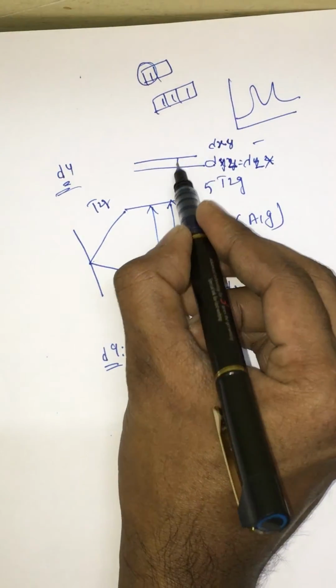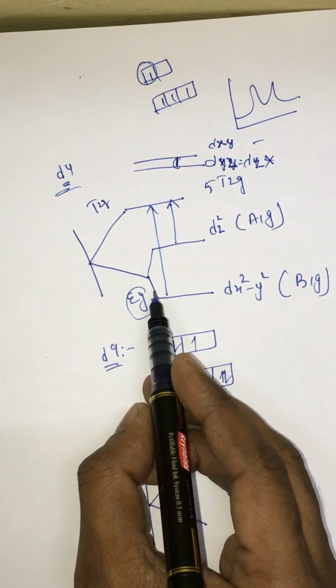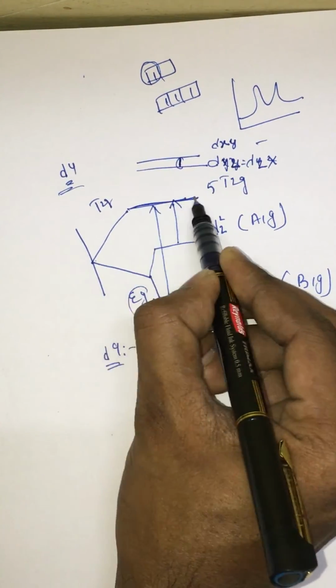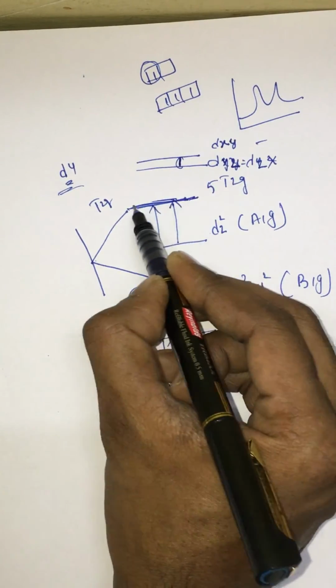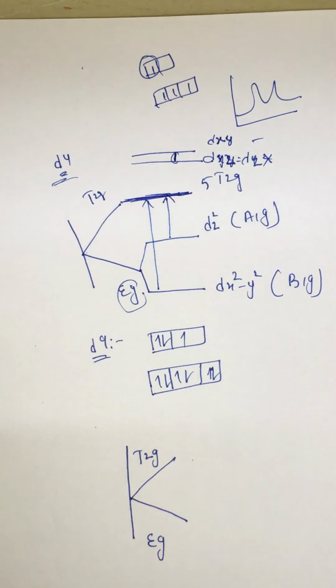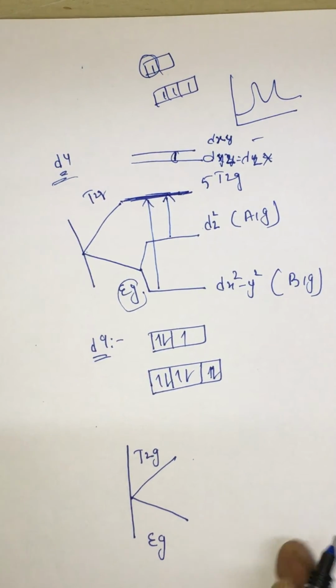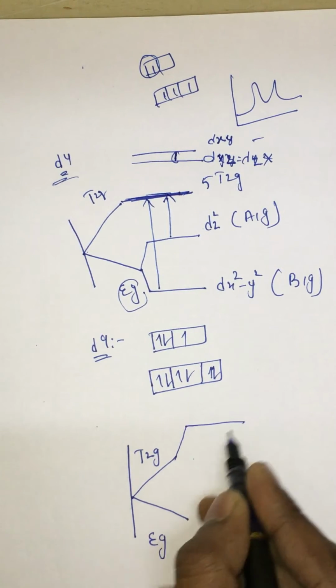But the energy gap between these two levels is very small, that means you can neglect it. That's why I'm not showing any two energy states here. We can neglect that small distance. But in the case of d9, there will be strong splitting of these terms also.